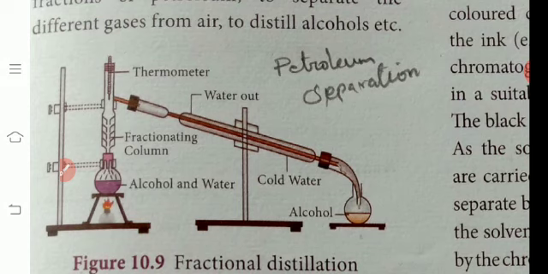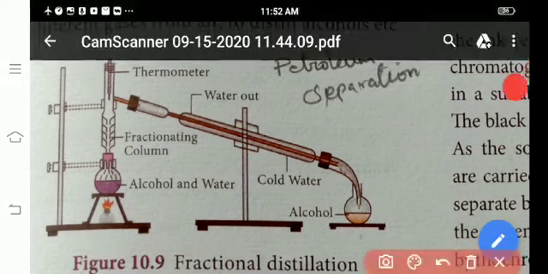To separate water and alcohol, if you heat this mixture, the alcohol is evaporated in the fractionating column, and the gas comes through this tube.